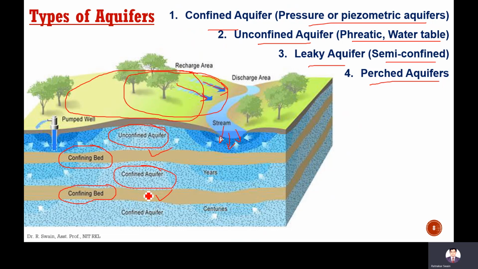It is under high pressure. But in an unconfined aquifer, only one side has a confining bed; the upper layer is permeable, I mean there will be soil type, so there can be moisture in the soil.